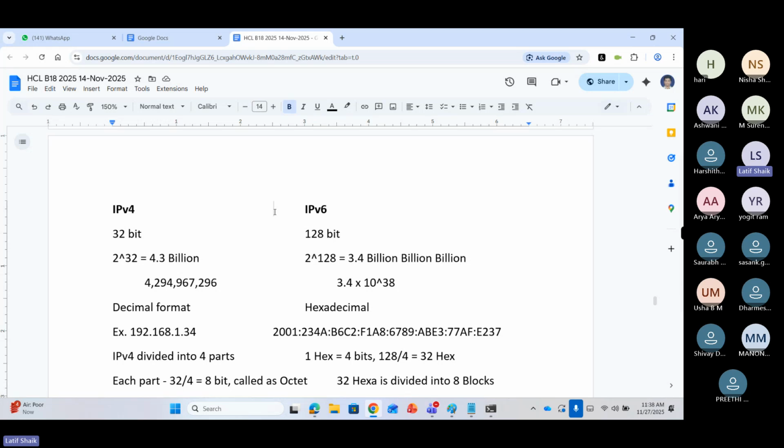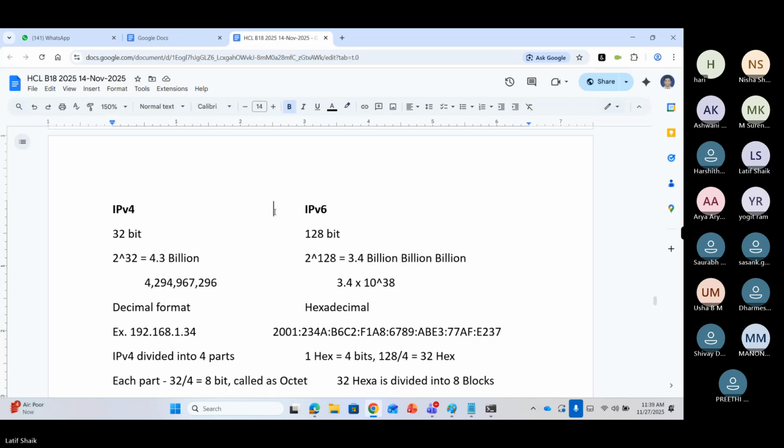So one single network can connect billions of devices. 2 to the power of 24 itself is 16 million. Think about 2 to the power of 64. 2 to the power of 32 is 4.3 billion. It is a very big size.